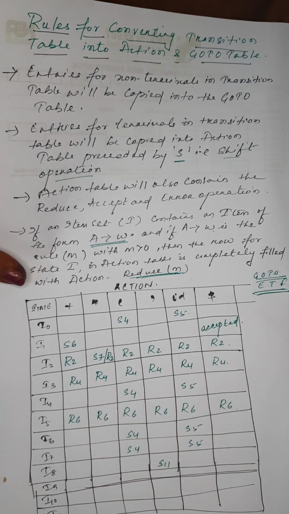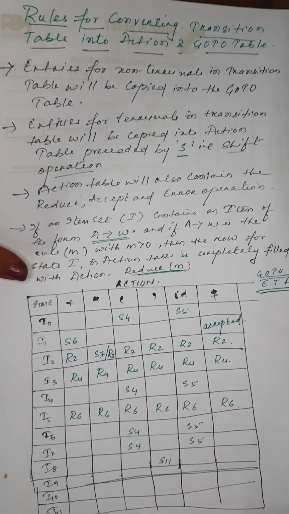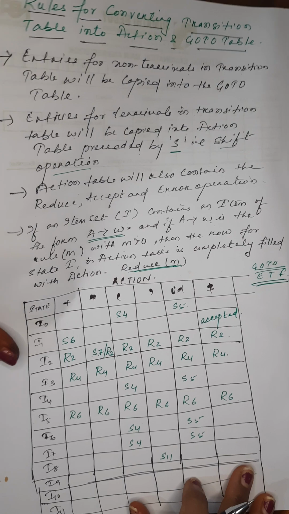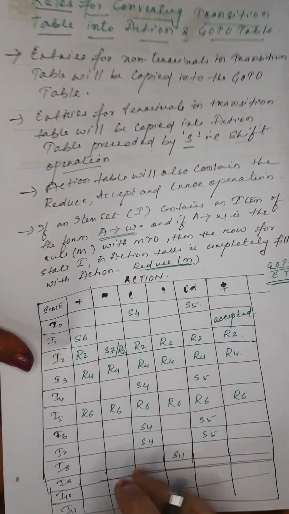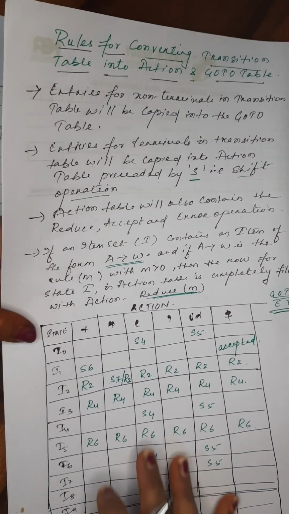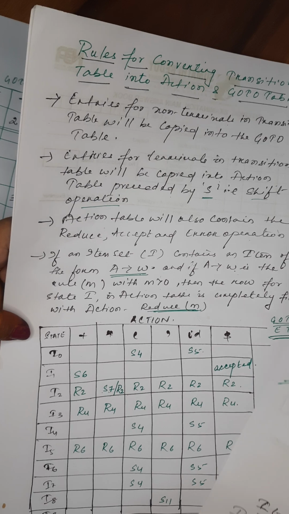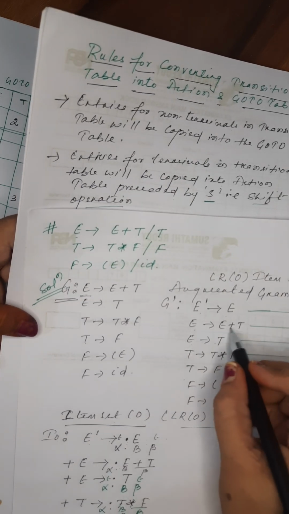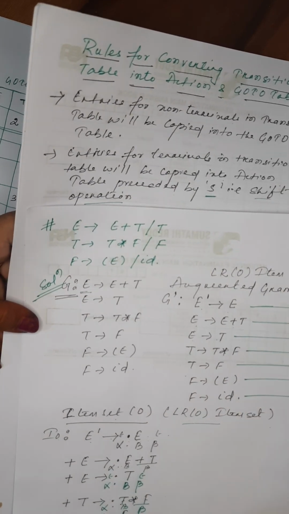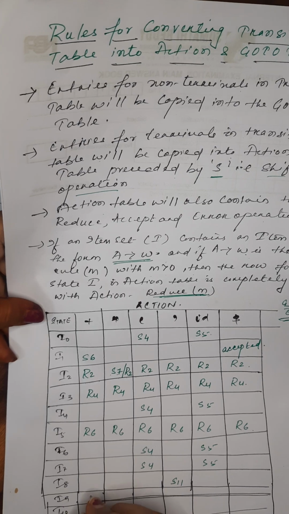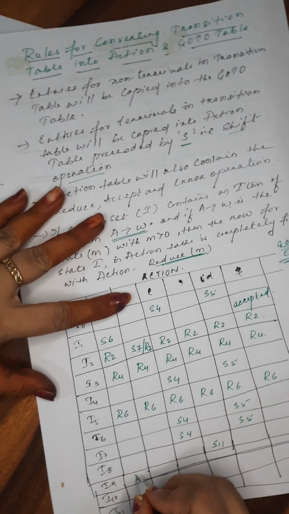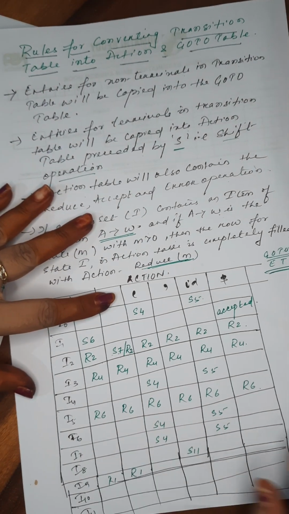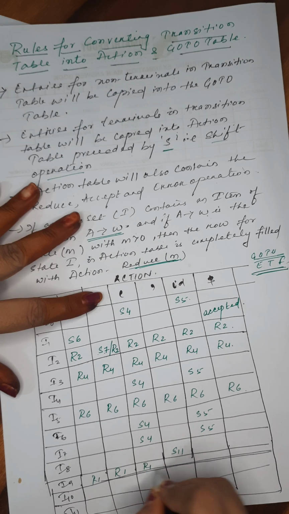Okay. So, in I6 nothing is there, I7 nothing is there, I8 also nothing is there. Then comes I9. I9 will have E tends to E plus T dot. What is the equation number? 1. So, in I9 we will write R1 in the entire row.